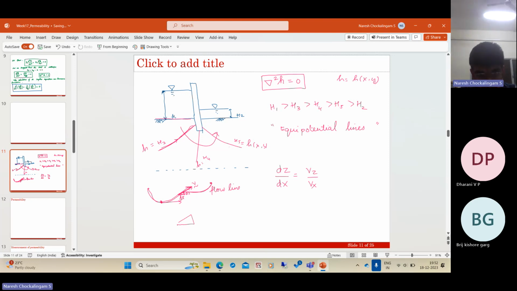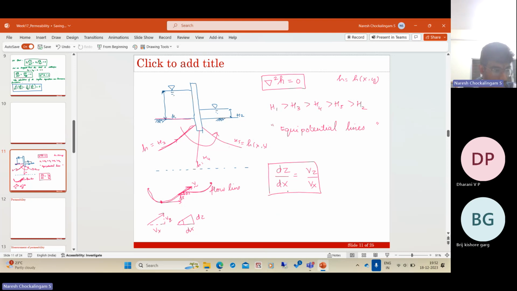If you consider a triangle like this, this is dz, this is dx. The slope of the tangent is dz by dx. But what is the tangent to a flow line? The tangent to a flow line is the velocity vector. If the velocity vector is like this, it has components vx in the horizontal direction and vz in the vertical direction. So dz by dx is equal to vz by vx. What else?